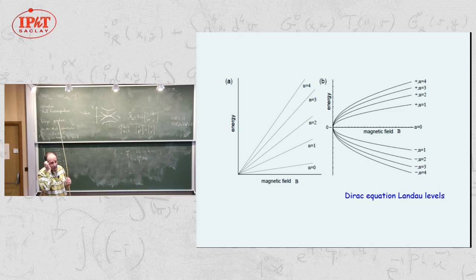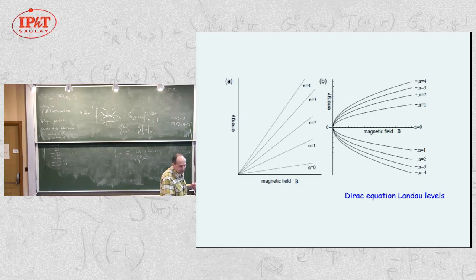So it will probably change the physics a bit. Does it change dramatically the physics? In fact, the answer is yes, and that's something which has been discovered a long time ago.